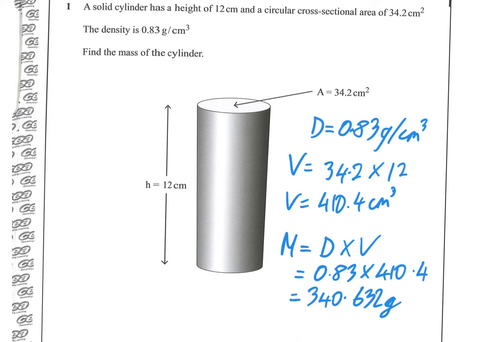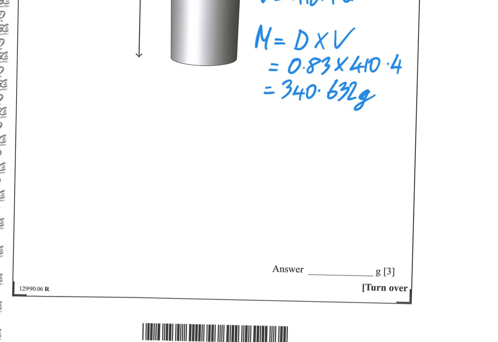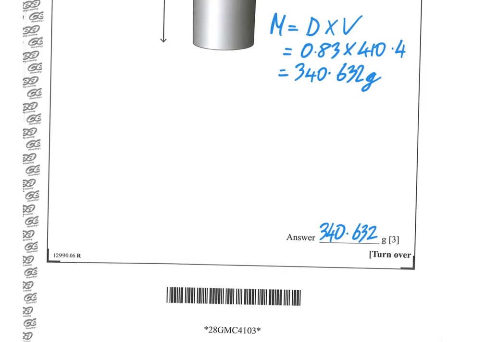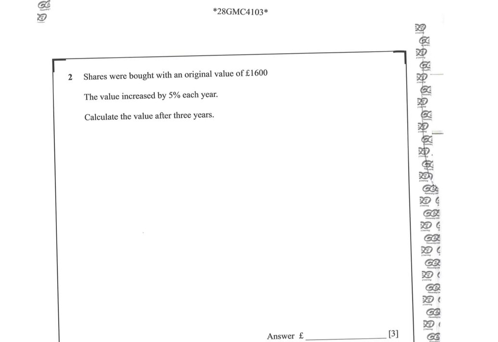Find the mass of the cylinder. It doesn't give us any indication of how many significant figures to go to, so I'm just going to leave it as it was, with the 3 decimal places. It doesn't tell me otherwise, so I should get the marks for that.